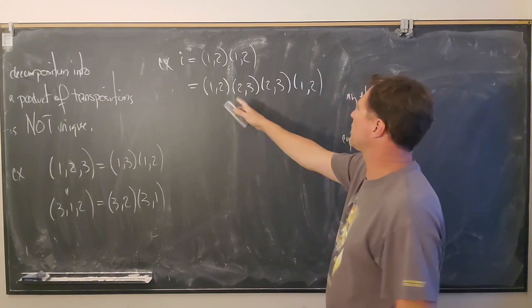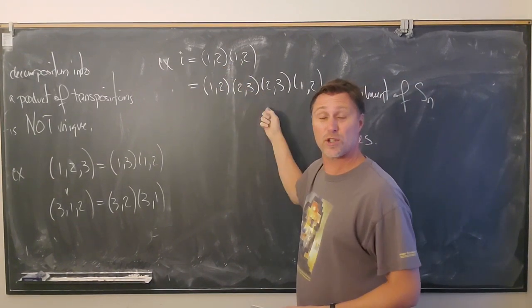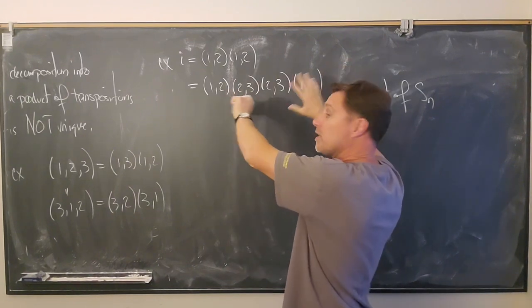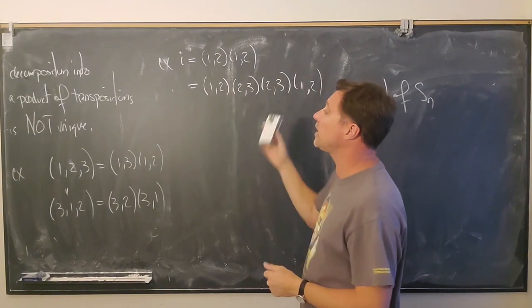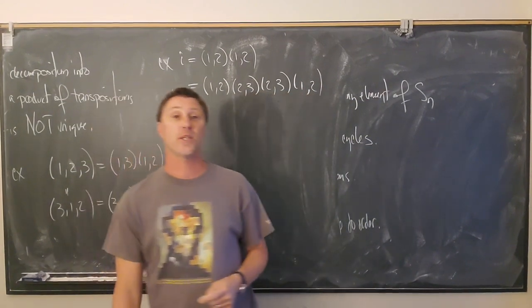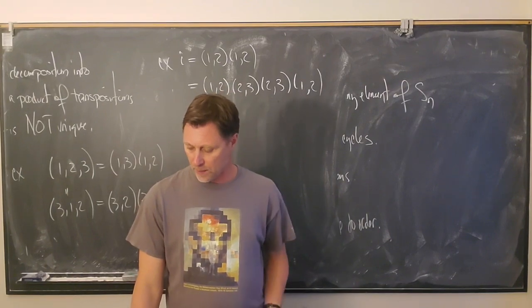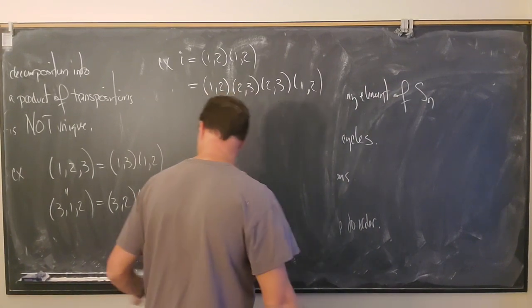So in fact, notice I just expanded. This is the identity, so is (2 3) times (2 3), so I just inserted the identity. You can keep expanding this and expanding and expanding, so there's actually an infinite number of different ways to represent any permutation as a product of transpositions. Okay, so we'll stop here and pick up with that next time.